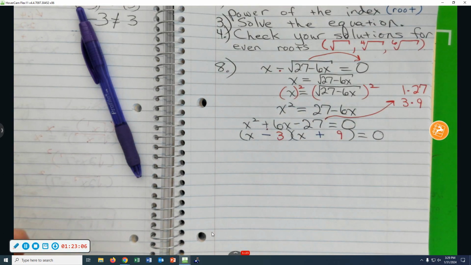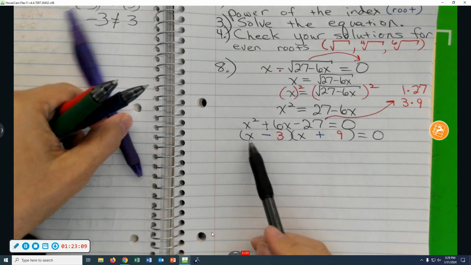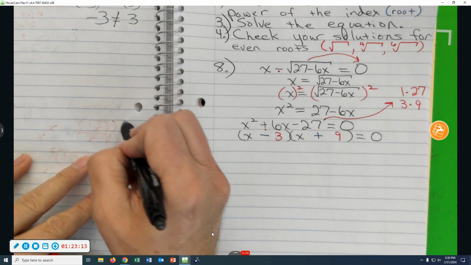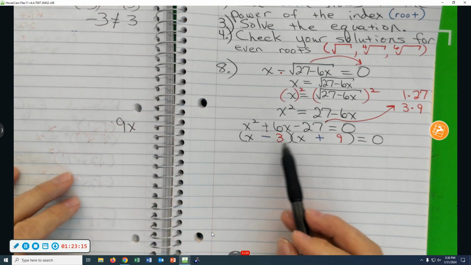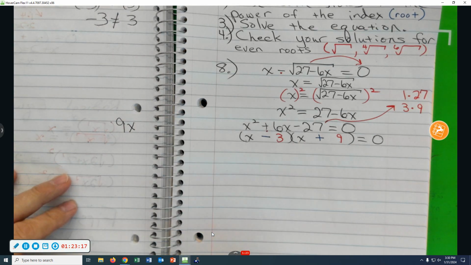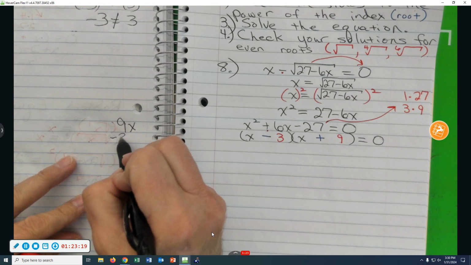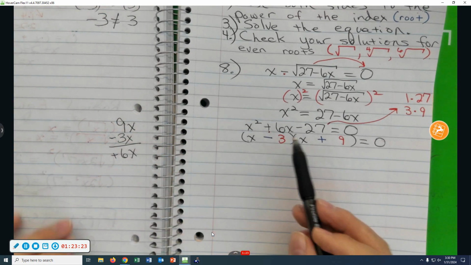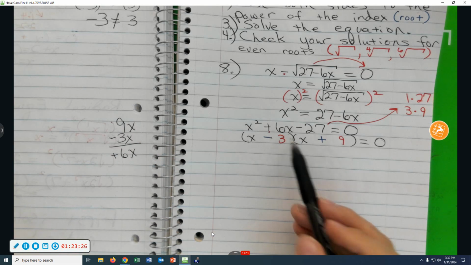I agree. The outer product, what's the outer product? A 9x. What's the inner product? Minus 3x. 9x minus 3x gives me a positive 6x. Is that what I needed? Yes.